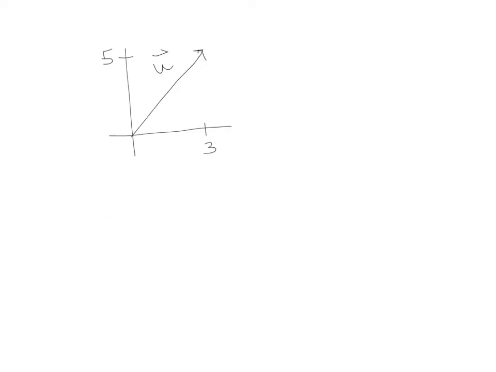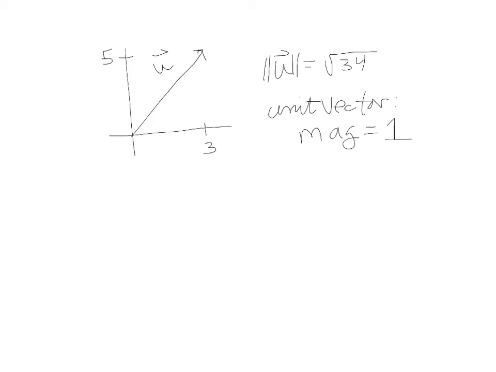So again, we know that the magnitude of this vector is the square root of 34. And suppose what we want is a unit vector in the same direction. Well, you should be able to believe that for a unit vector the magnitude is equal to 1. So, since the magnitude of this vector u is the square root of 34, a unit vector in its direction would simply be this.